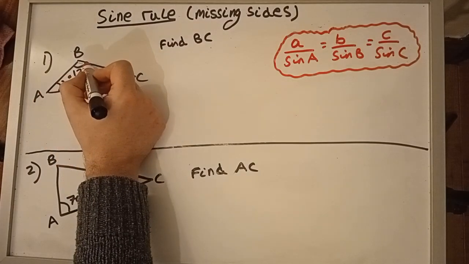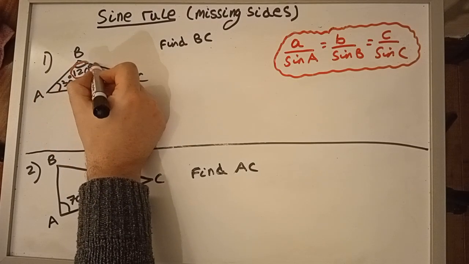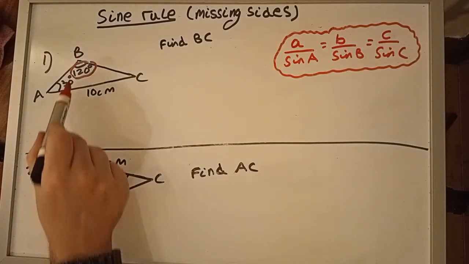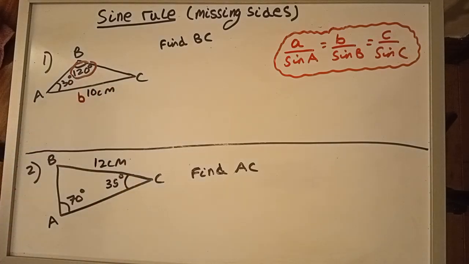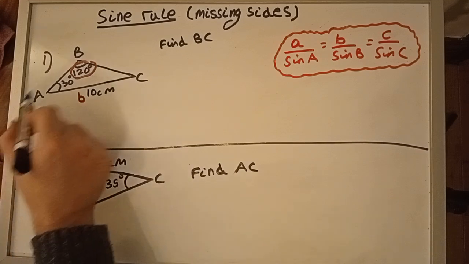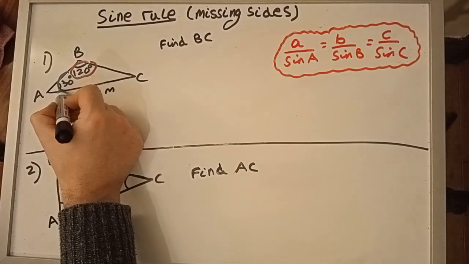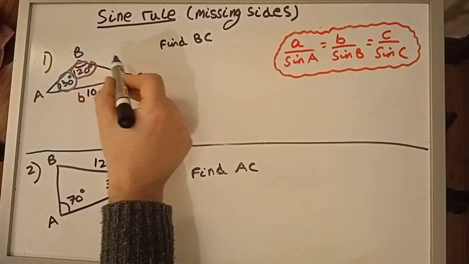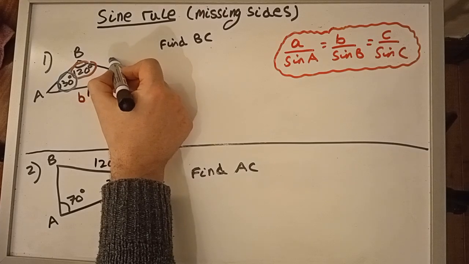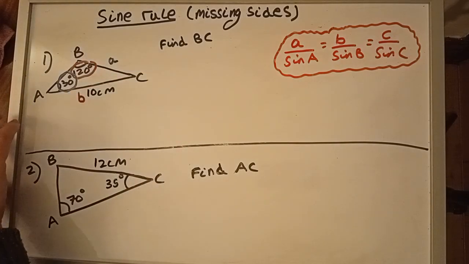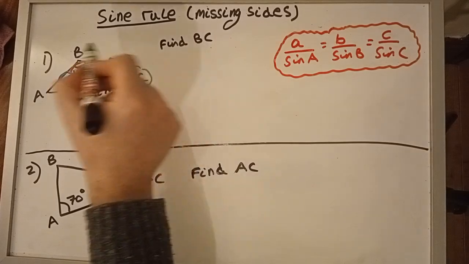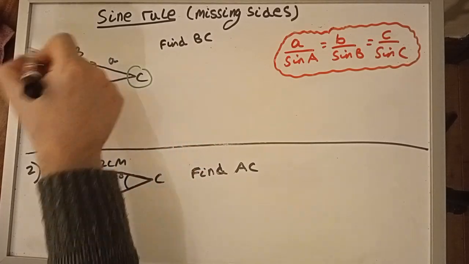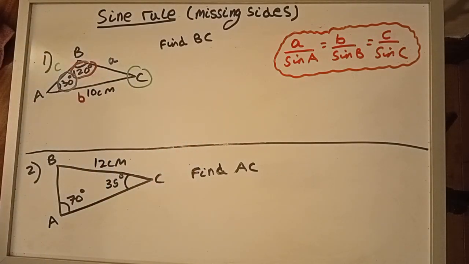We've got 120 here, that's B, and opposite that is our lowercase b, so that's side b. Our capital A, our angle, is 30 degrees, and opposite that is our lowercase a. And C, which we haven't got, opposite that will be our lowercase side c.